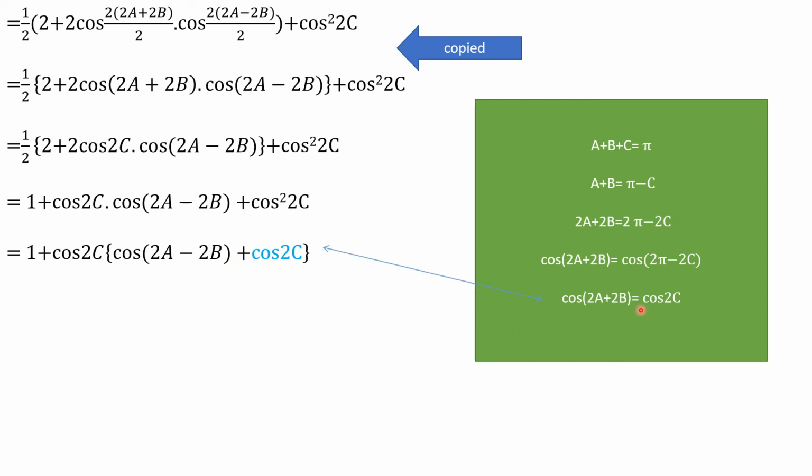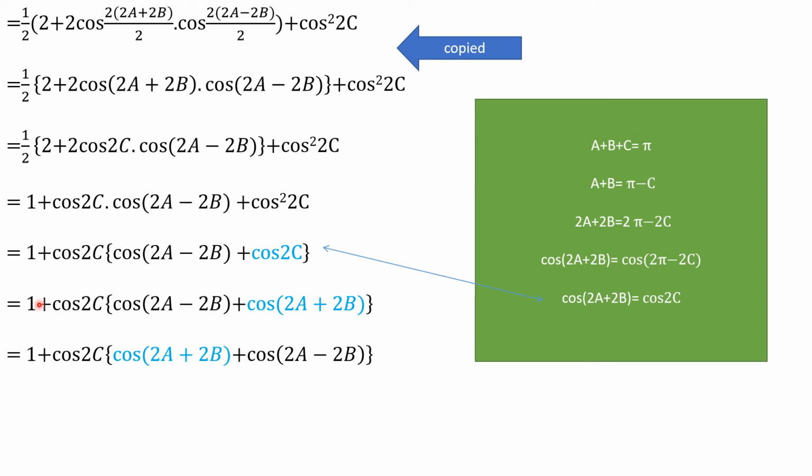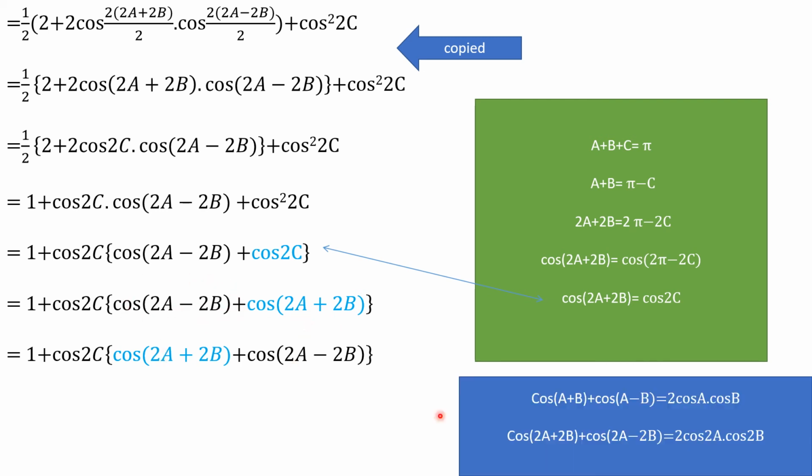Again, cos 2C is cos 2A plus 2B. So we can replace this by cos 2A plus 2B. So again 1 plus cos 2C, and this portion we have brought in front and this portion we have taken to back, because we know if we arrange this in this manner we can get a formula.